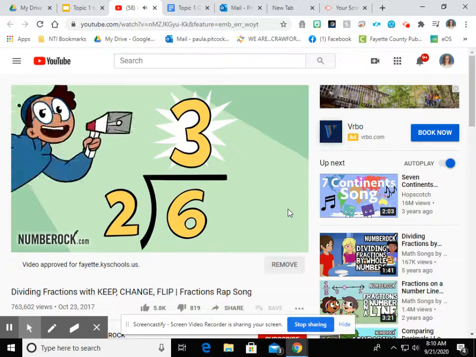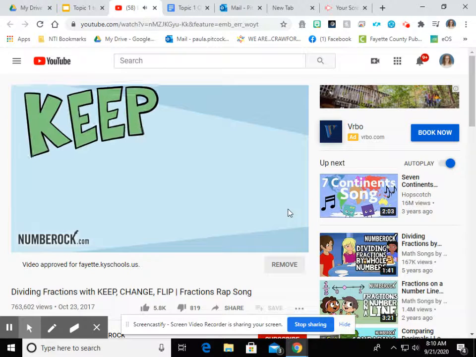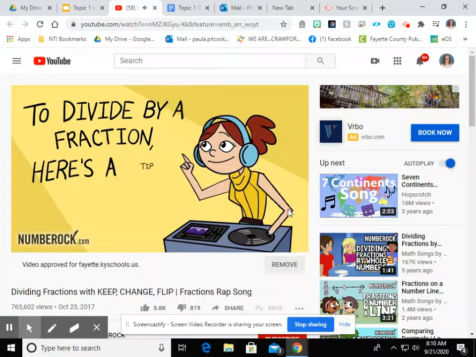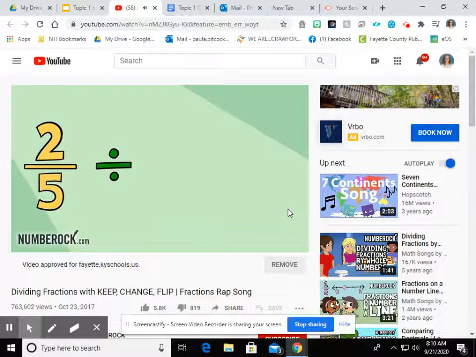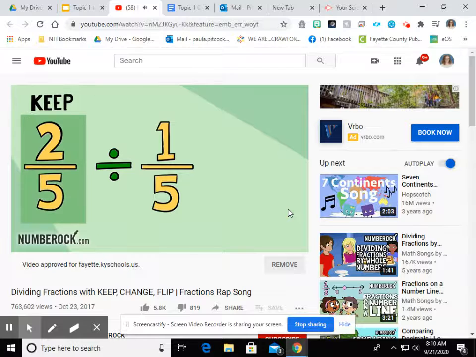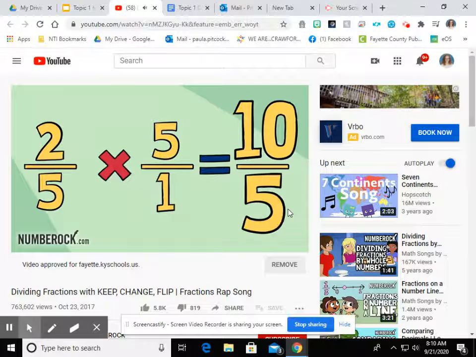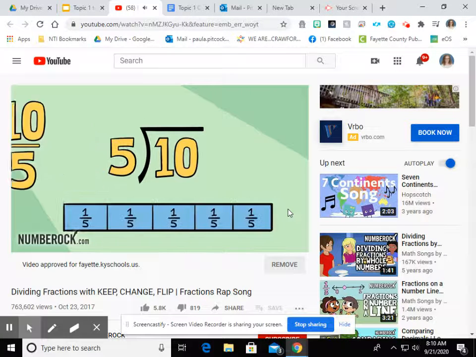To divide 2/5 by 1/5, keep, change, flip. 2 times 5 is 10, 5 times 1 is 5. 10 divided by 5 equals 2.